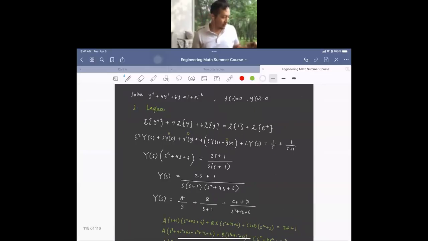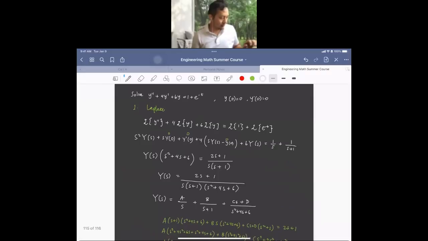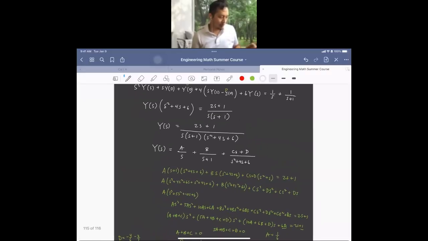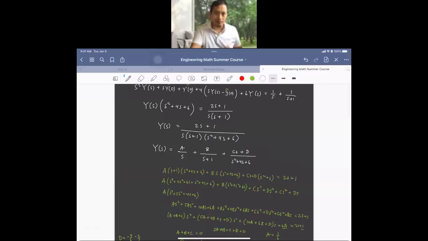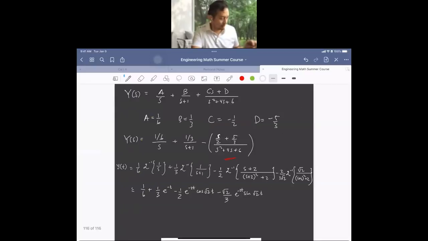Same way with the second example. Solving it is a little bit messy here. It uses partial fractions, and then we get all the constants, put them in our system, and get the final results.